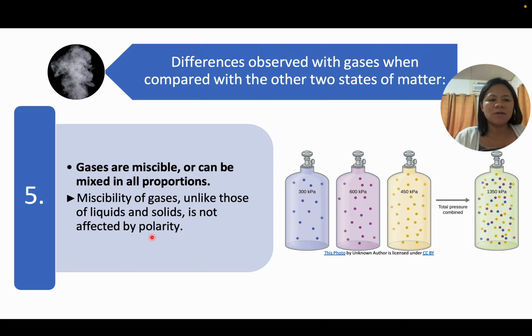Miscibility of gases, unlike those of liquids and solids, is not affected by polarity. When you say polarity, there is a head and a tail, for example in water, where one is water-loving and the other is water-hating. In the case of gases, they just freely combine or collide with each other.